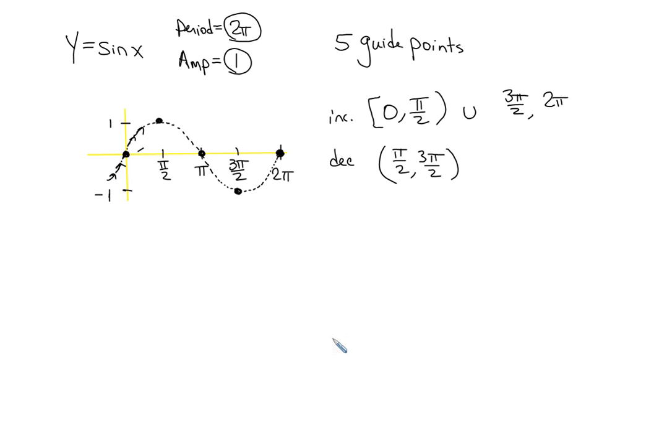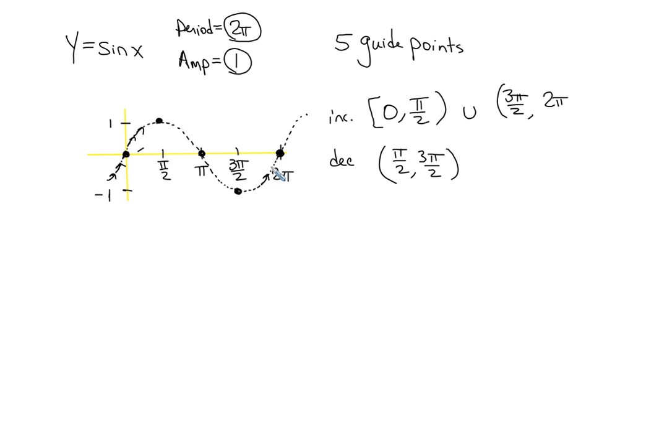So between 0 and 2 pi only, your increasing interval would be square bracket 0 because it's already increasing when it hits 0, to pi over 2, and then it stops. It then decreases from pi over 2 to 3 pi over 2. And then it stopped at 3 pi over 2, so this is a round bracket, but notice at 2 pi it's in the process of going back up again.